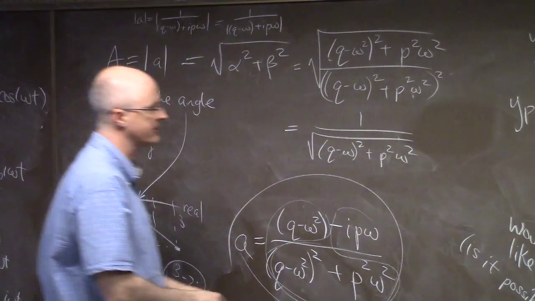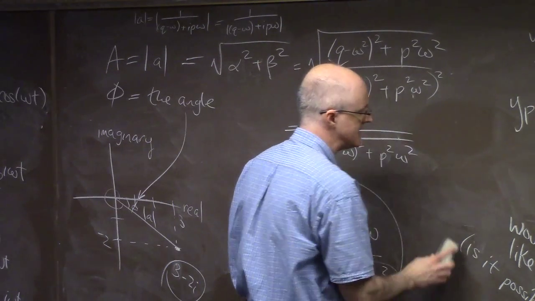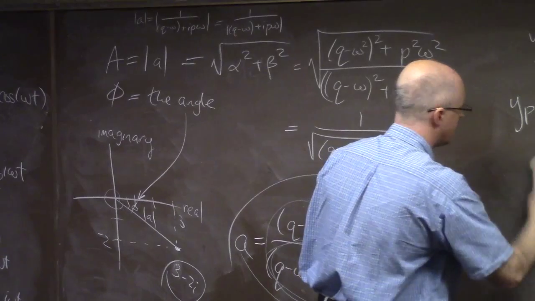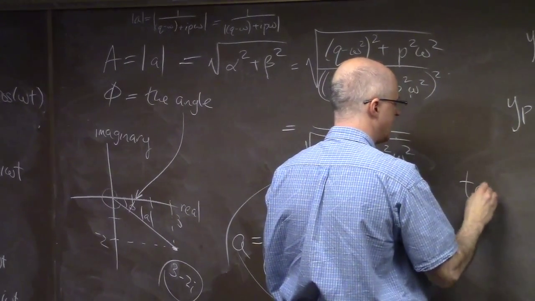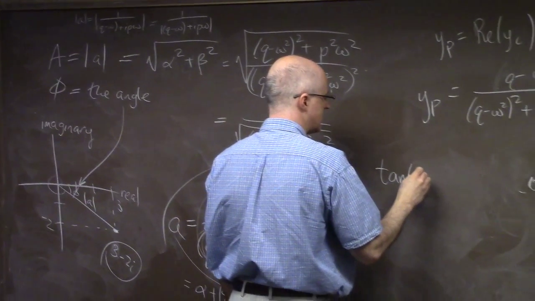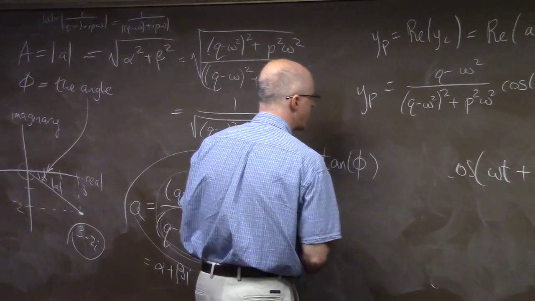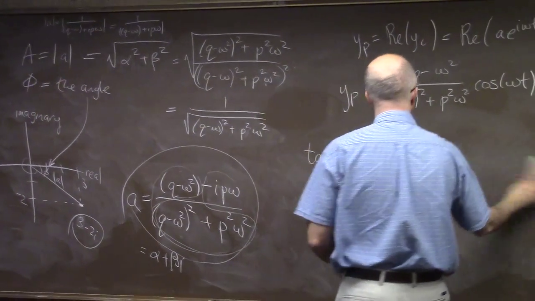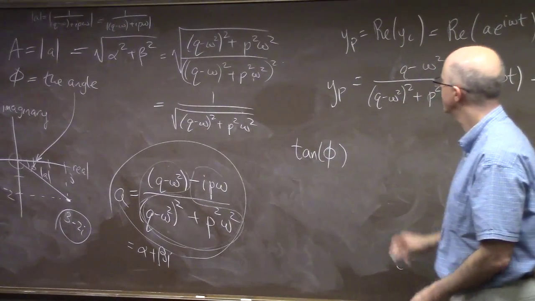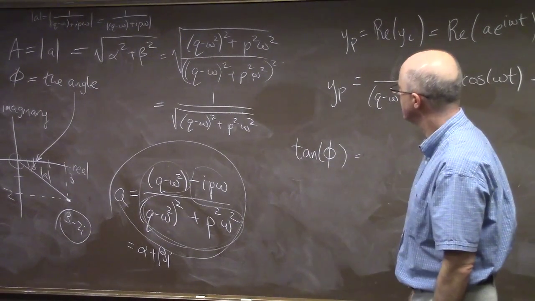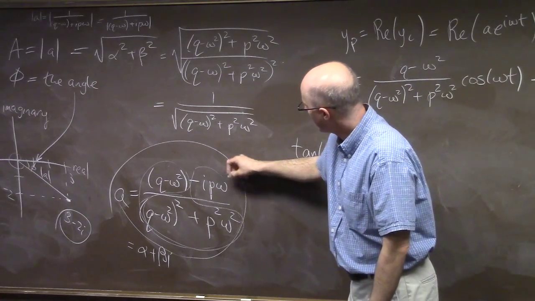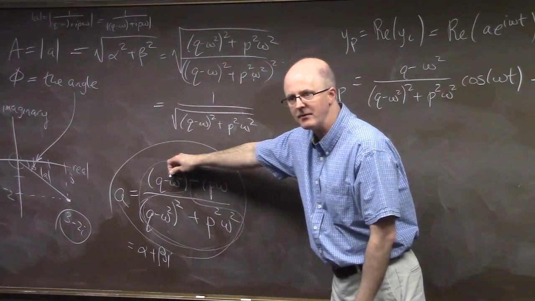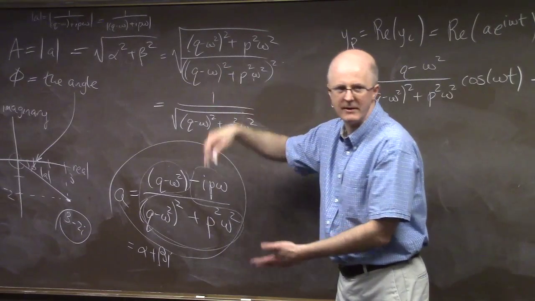There's not really a formula for phi in a non-piecewise way, though Mathematica actually does have the capability of handling phi in a non-piecewise way. You can say that when the tangent is defined, tangent of phi is the imaginary part divided by the real part, the y-coordinate divided by the x-coordinate.